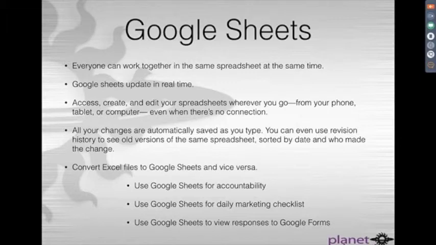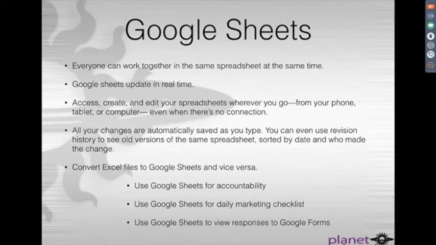You can edit your own spreadsheets wherever you go, again, from your phone, tablet, or computer. Again, there's an app for Google Sheets that you can download on your phone or tablet. And the cool thing about Google Sheets is you can actually update it even when there's no internet connection. So if you go in and update your sheet, and you say you're on an airplane, you're updating your sheet, it's not going to update in real time because you're not connected to the internet.